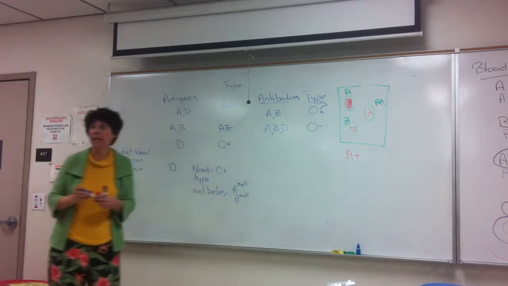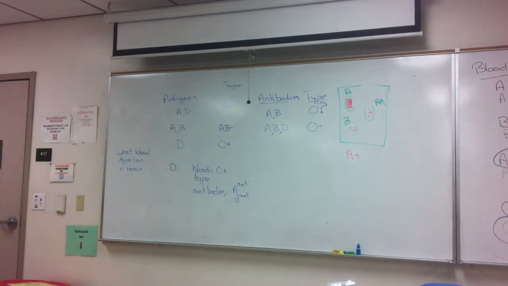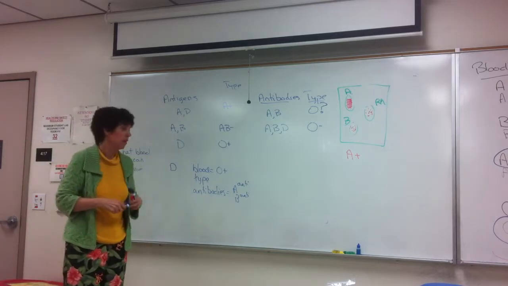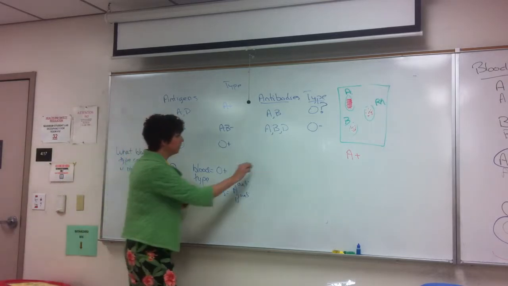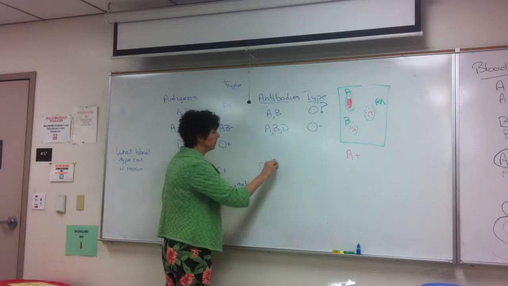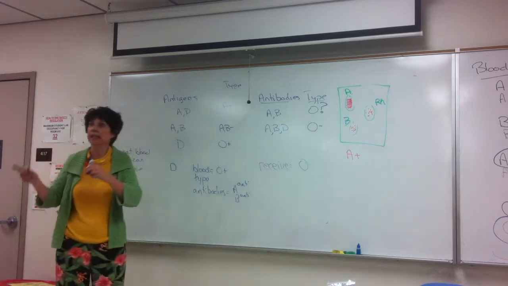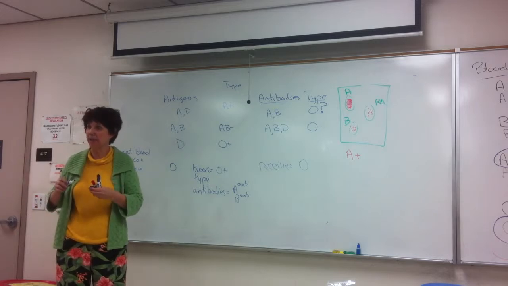So you can't receive any blood type that has those in them. You can't receive A, you can't receive B, you can't receive AB. So, without even looking at the chart, you figured that out. So you can only receive O.